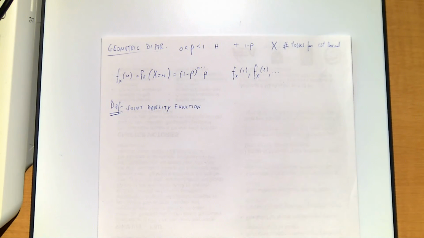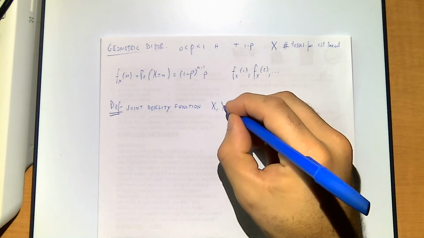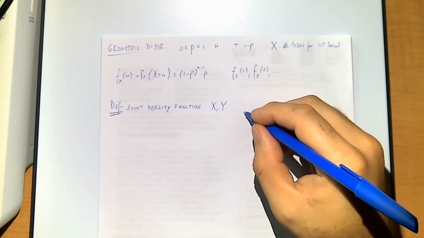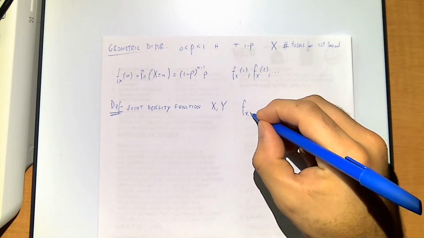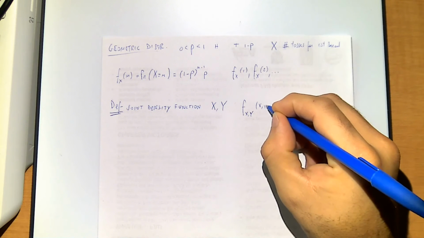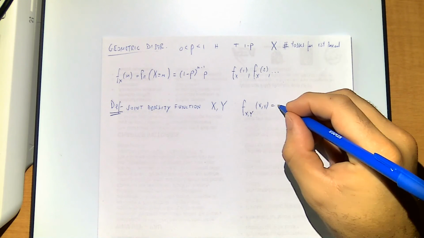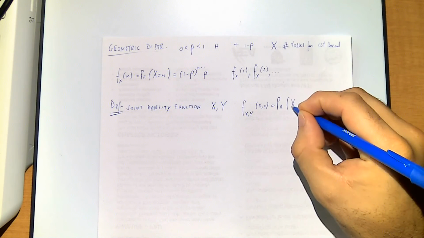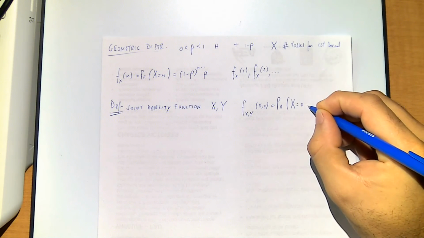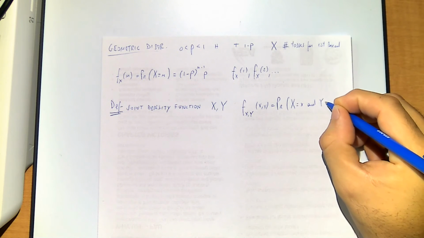If we have two random variables x and y, as a function f_XY of two variables x and y, this is exactly, as you can expect, the probability that X is equal to x and Y is equal to y.